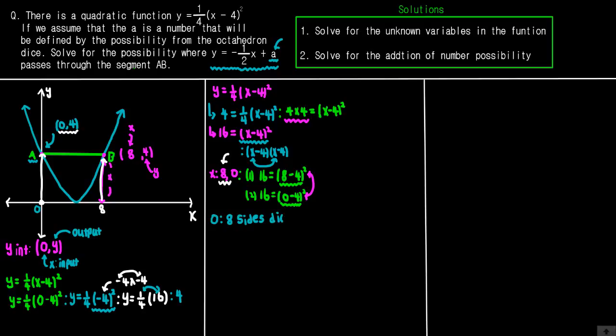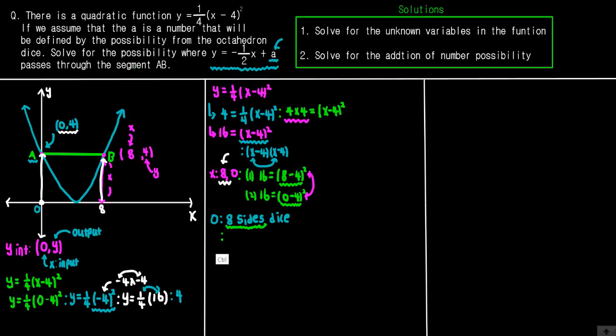So our a value that we are trying to find from our equation is going to be one of the possibilities from the 8-sided dice. In total, there are 8 sides, which means a can be either 1, 2, 3, 4, 5, 6, 7, or 8.